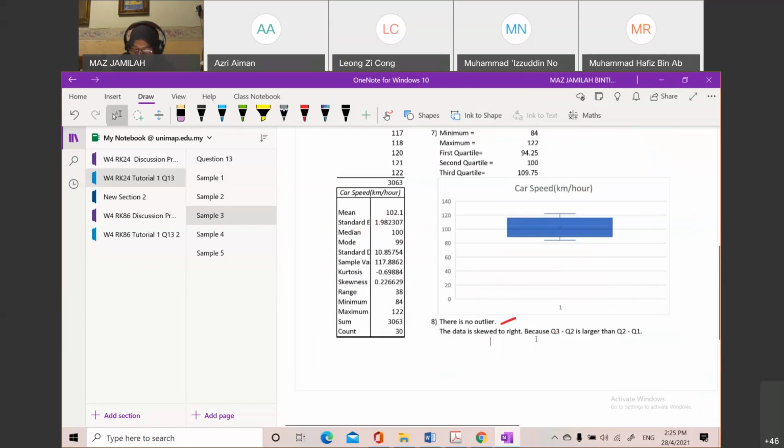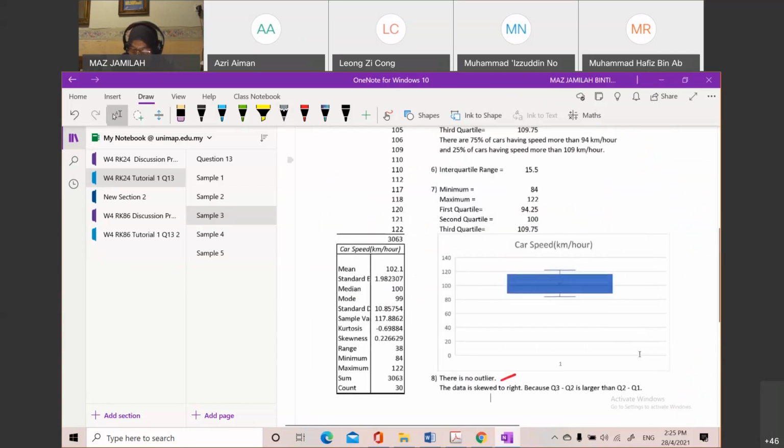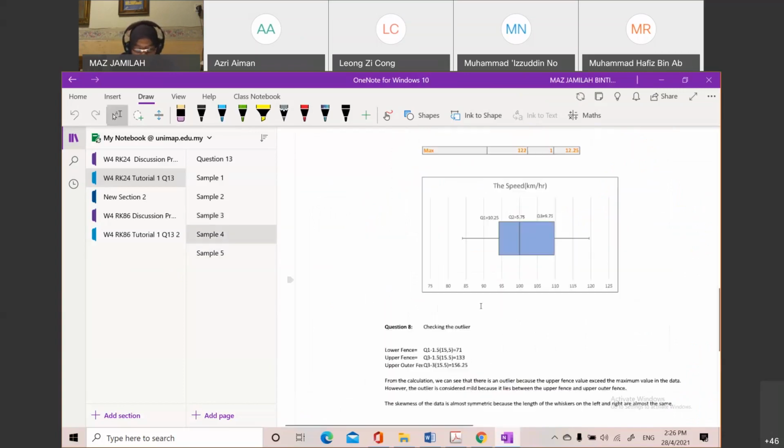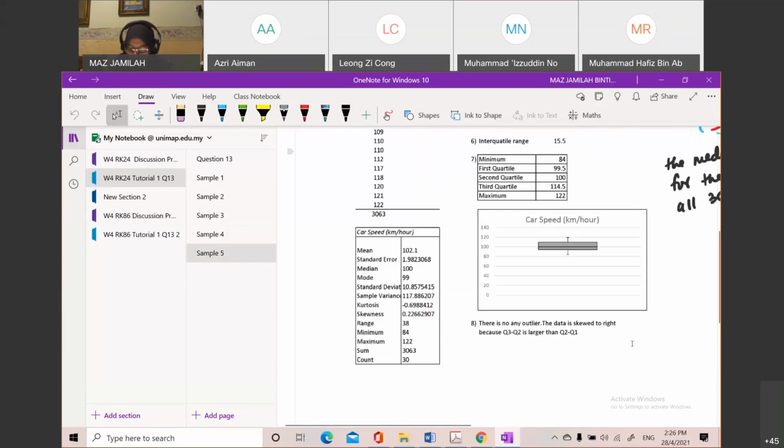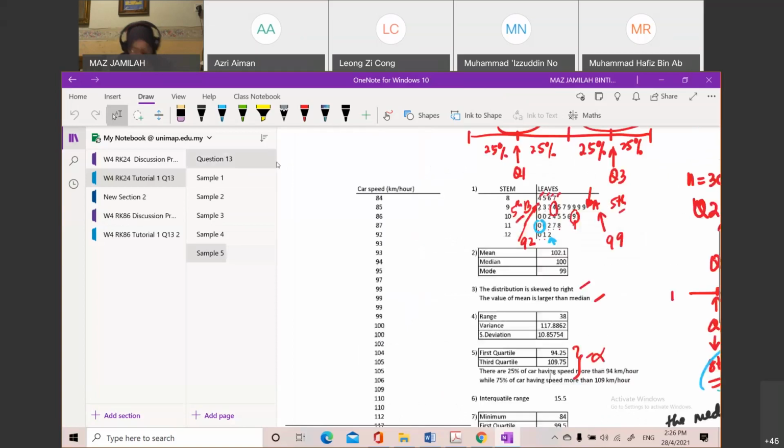The data is skewed to the right because Q2 until Q3 is larger than Q2 until Q1. You are talking about the box here, right? So acceptable, but this one is just enough. For sample 4, also the same, no outlier, and you give reason. Sample 5, no outlier, skewed to the right. Okay, finish with the question.